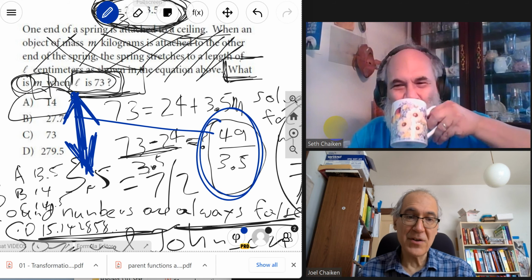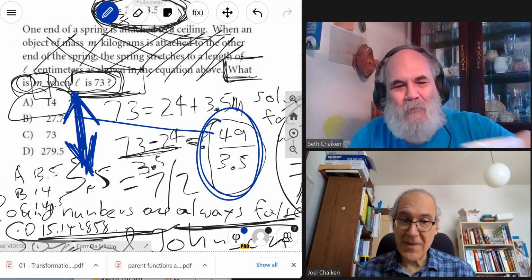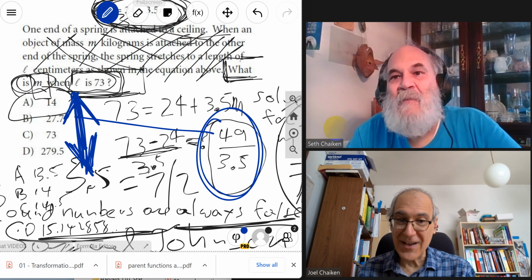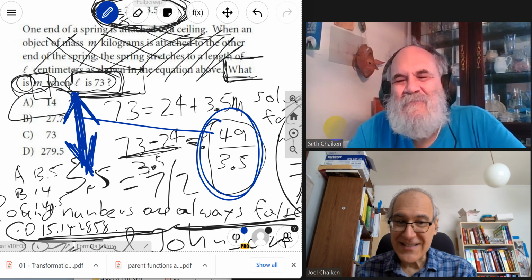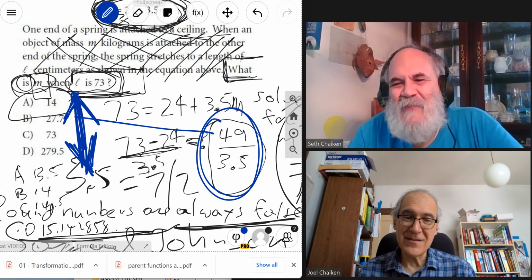How does the calculator come in, if at all? And Seth's right. There may be some where they purposely put it in the calculator section, but it's to your disadvantage to use the calculator, because they want you to think.